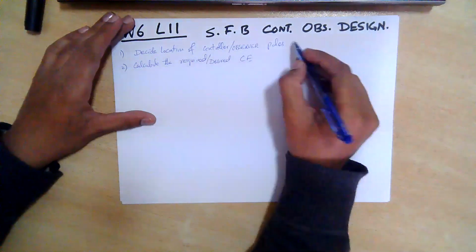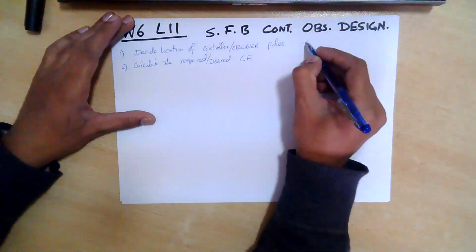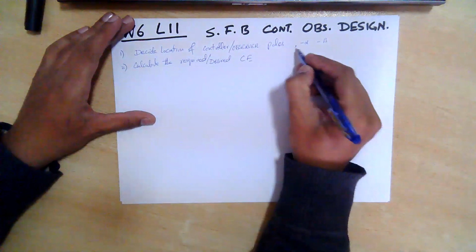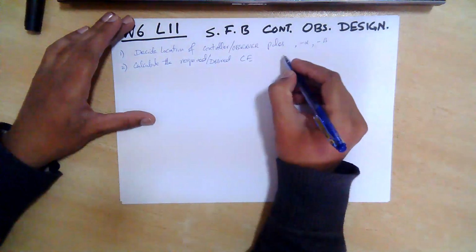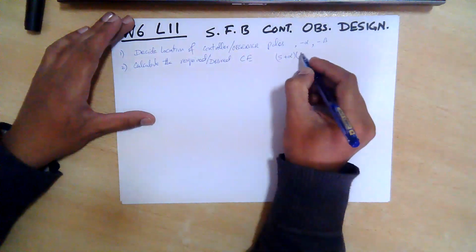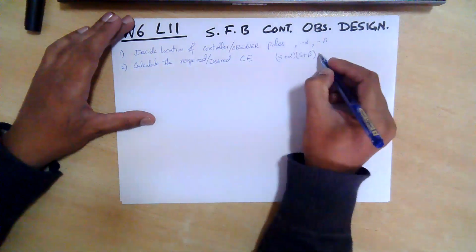Suppose the poles are at minus alpha and minus beta, and then the required characteristic equation will be like this: (s plus alpha)(s plus beta) equal to 0.